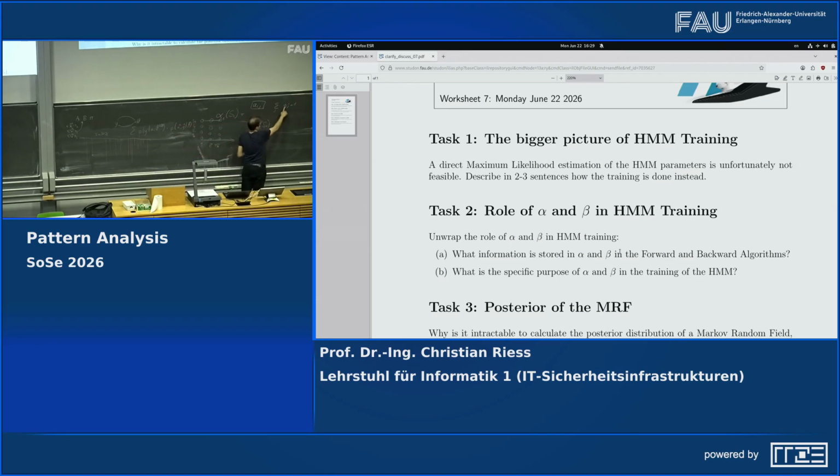How likely this is, we can calculate by taking the transition probabilities, the output probabilities, and so on. What other possibilities are there? We could start in state 1, go to state 2, go to state 1. Or start in 1, go to 3, go to 1. Or start in 1, go to 4, go to 1. Or start in state 2, go to 1, stay in 1.